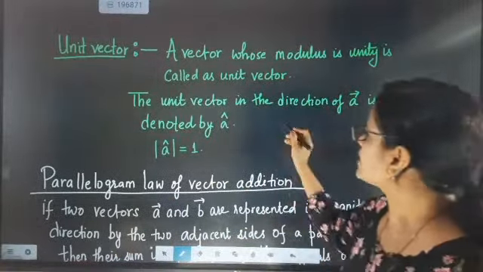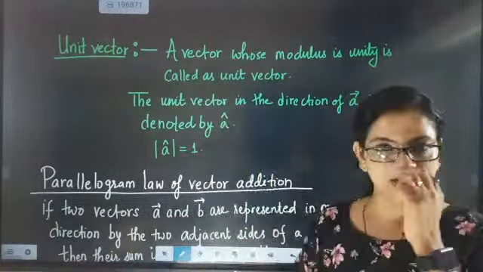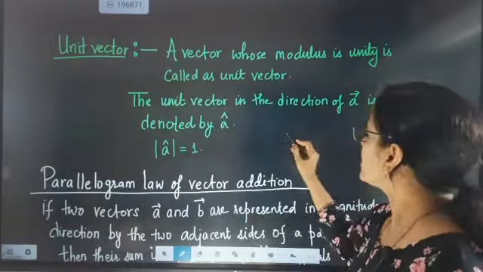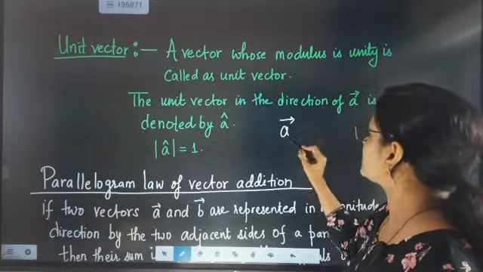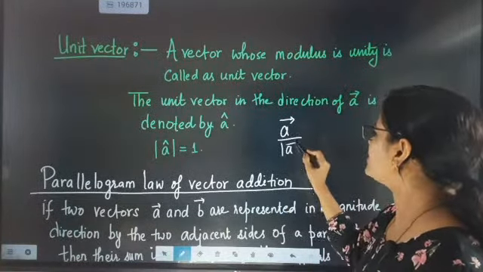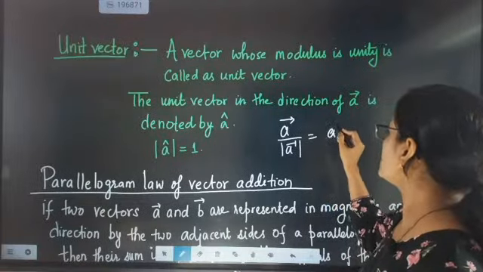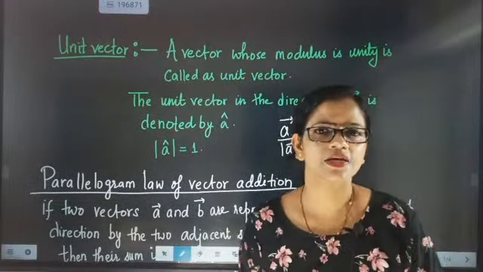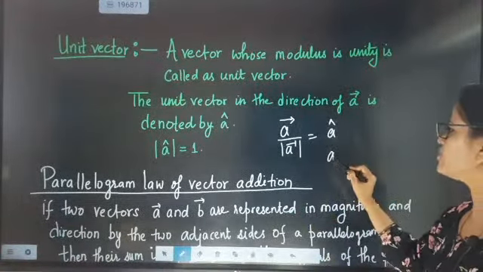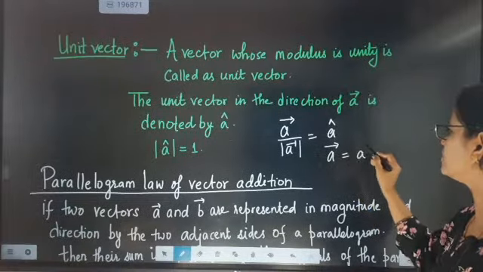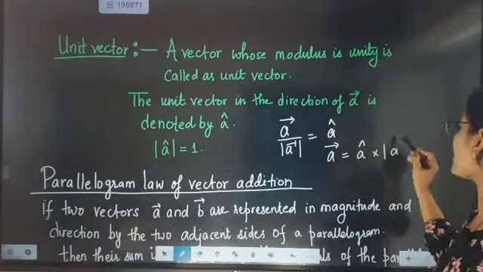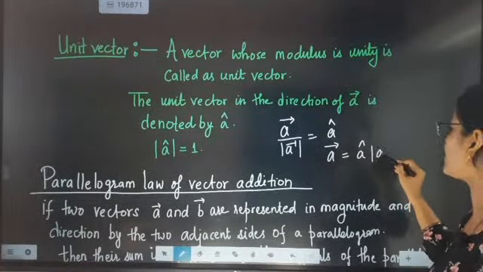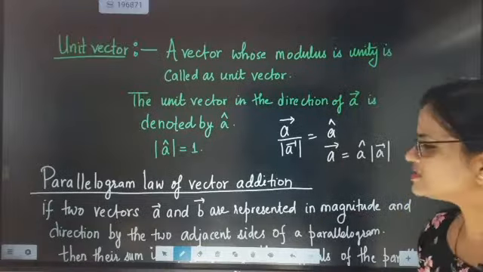You know the definition-wise whatever is said, but I'm going to take it as a vector by: a vector is equal to a cap into magnitude of a. So this one formula is there. So that means this is a vector. So if I am going to write a vector is equal to a cap into magnitude of a, now what is exactly this showing about?